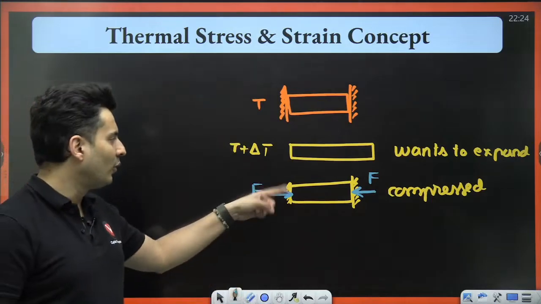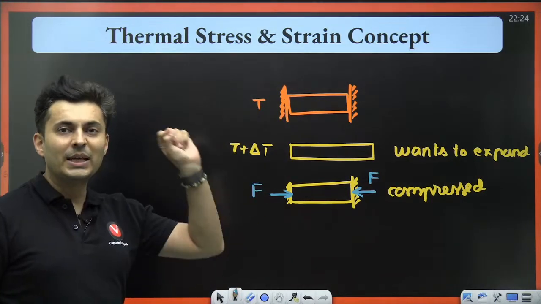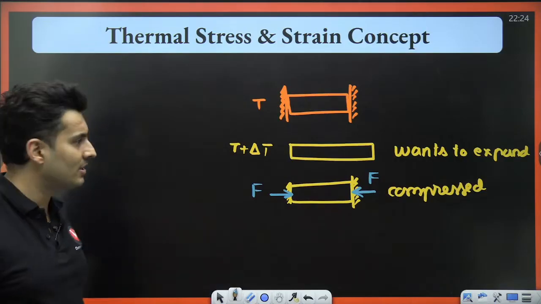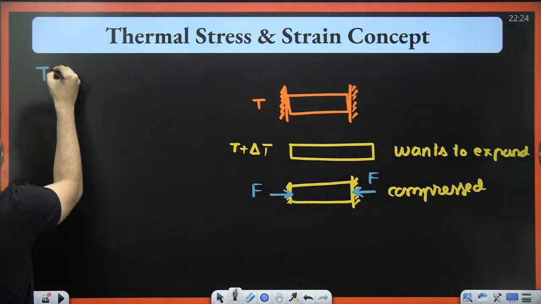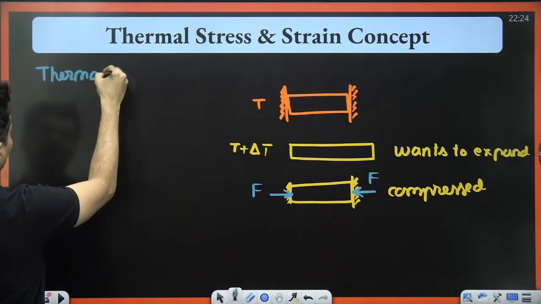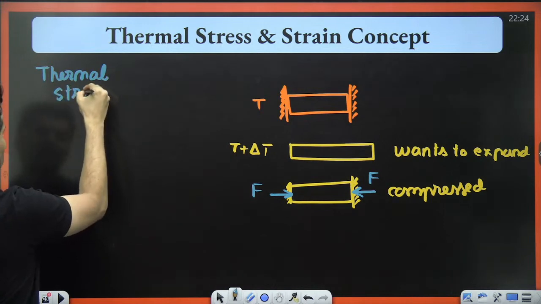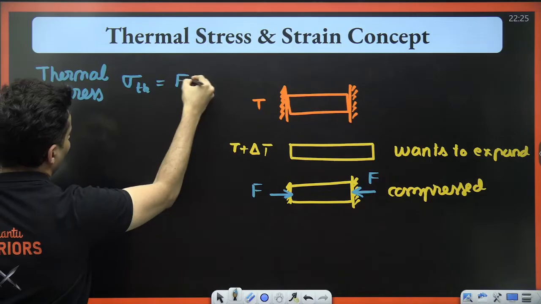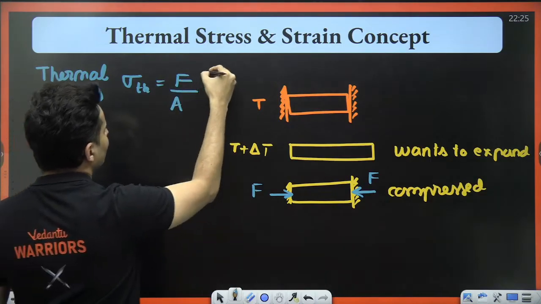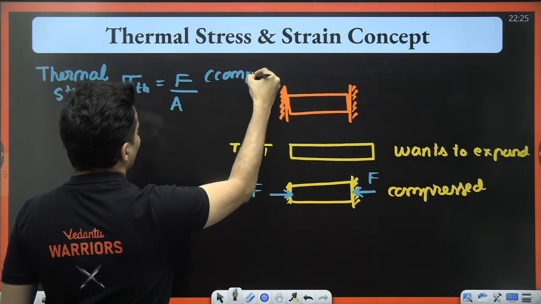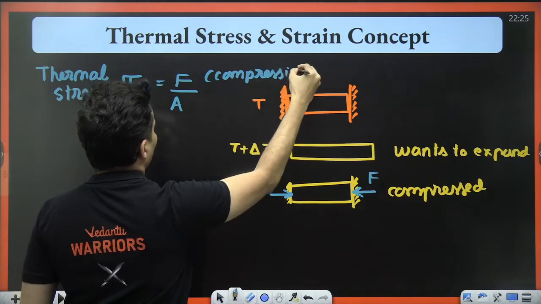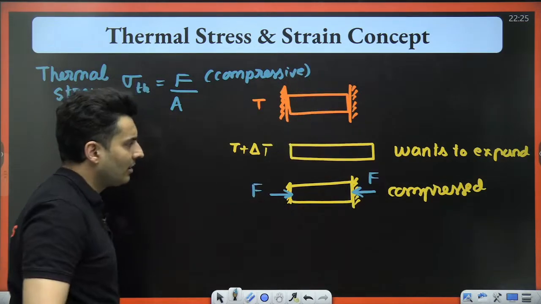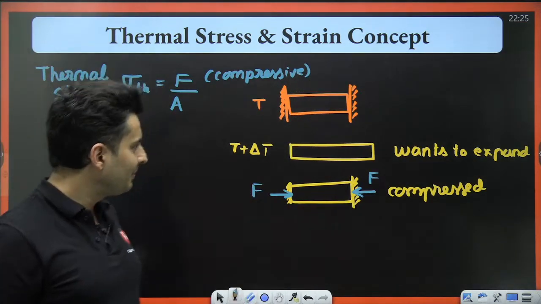And that force per unit area will be the thermal stress which is developed. So the thermal stress, usually the symbol is sigma TH, is the force divided by area. This force is compressive in nature because it compresses, it is not tensile.